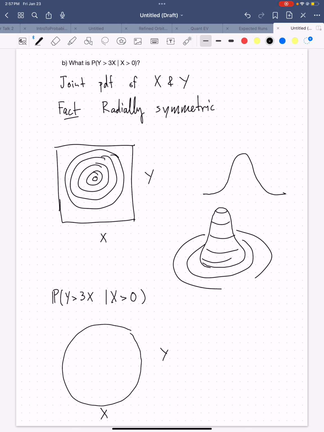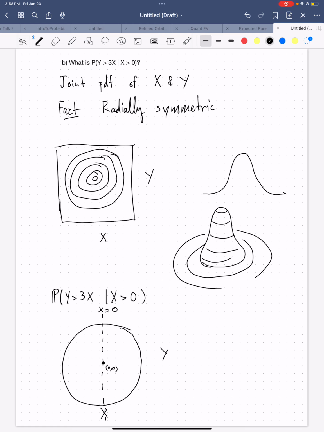This is what the data looks like. It's definitely more concentrated in the center than around the edges, because they're both mean centered at 0. The part where X is greater than 0 is the right half of this line, and Y is 0 right here. So that's the point (0, 0).